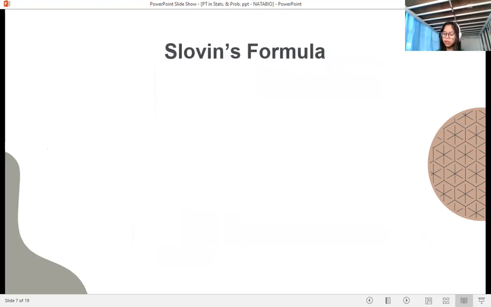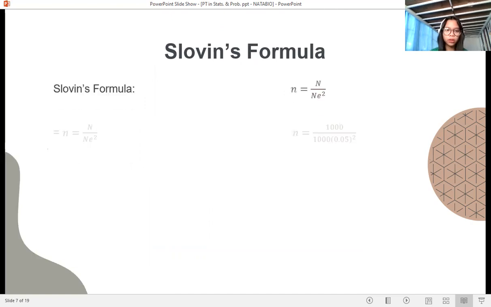Okay, for us to determine the designed number of samples needed given a certain population, there are also some formulas, and one of them is Slovin's formula.